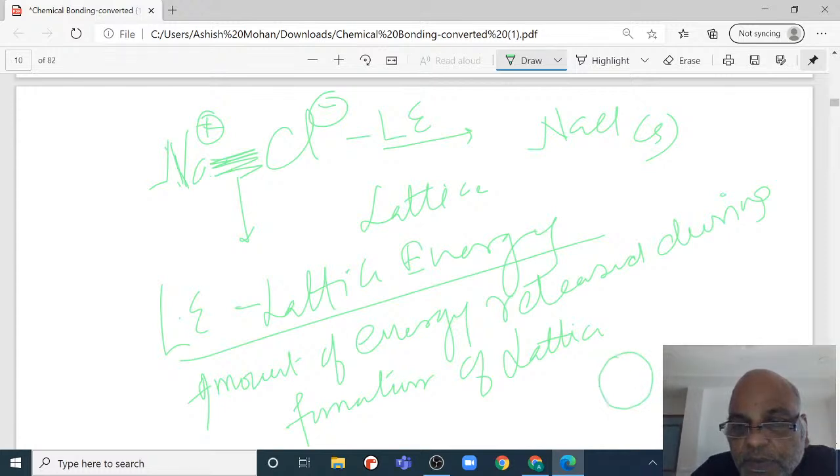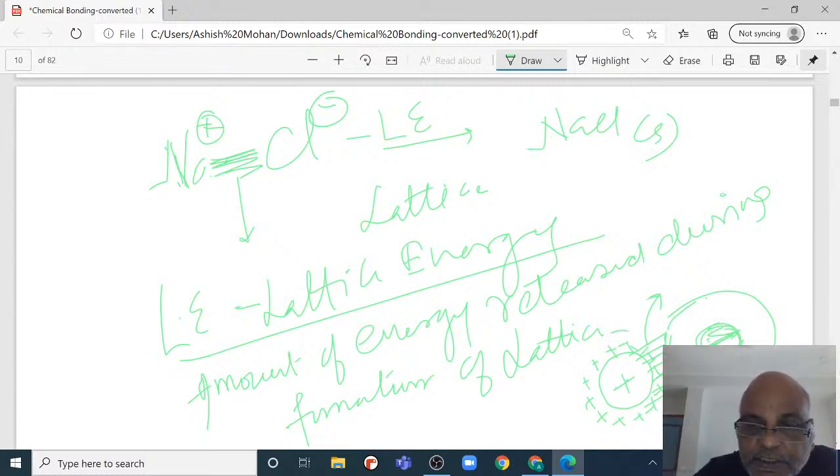Suppose I have Na plus and I have one Cl minus. There is interaction between Na plus and Cl minus. The positive charge is spherically symmetrically distributed, so this portion of the Na ion is still free.